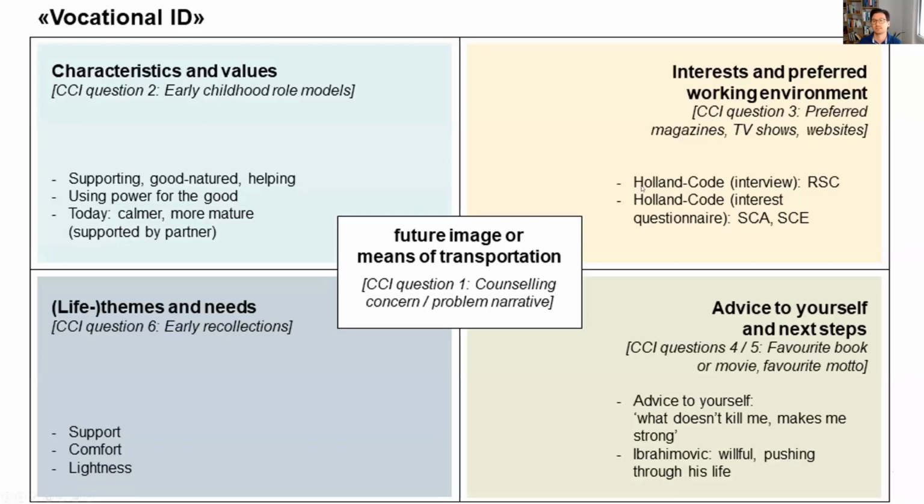And here you see the so-called Holland code out of the CCI interview. It's realistic, social, and conventional. So that's what we together deconstructed out of the magazines and websites he consults. And you see here that I also worked with an interest questionnaire, and we have a different aspect of his interests.